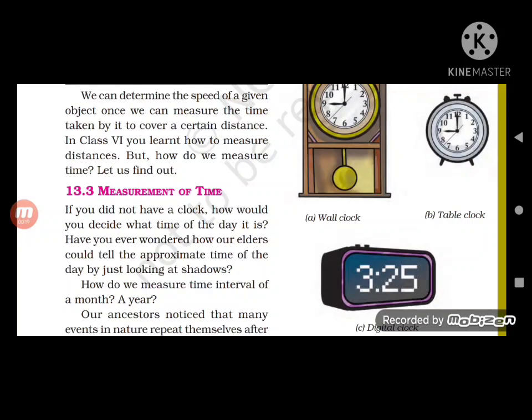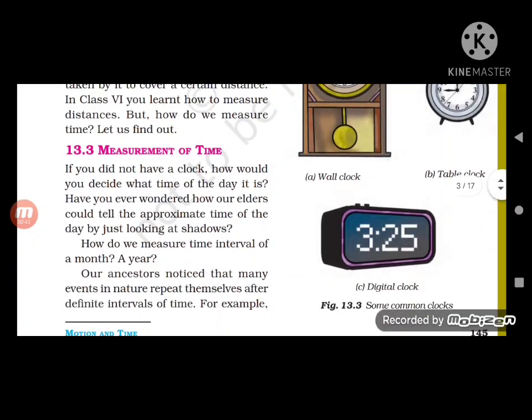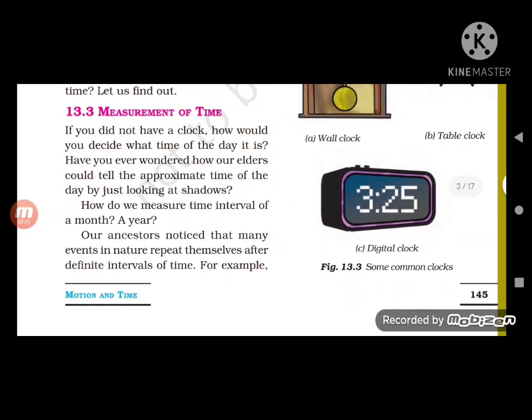So in this article we will learn how to measure time and how our ancients were measuring time at that time they were living. So if you did not have a clock, how would you decide what time of the day it is? Have you ever wondered how our elders could tell the approximate time of the day by just looking at shadows? How do we measure time interval of a month or a year?